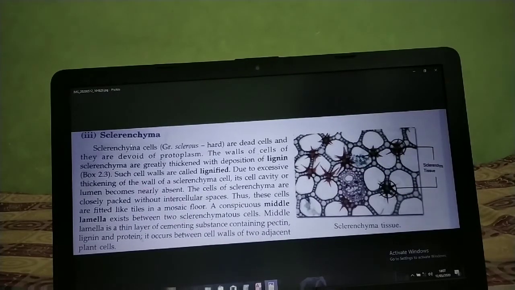So children, a conspicuous middle lamella exists between two sclerenchymatous cells. Middle lamella is a thin layer of cementing substances containing pectin, lignin, and protein. It occurs between cell walls of two adjacent plant cells.